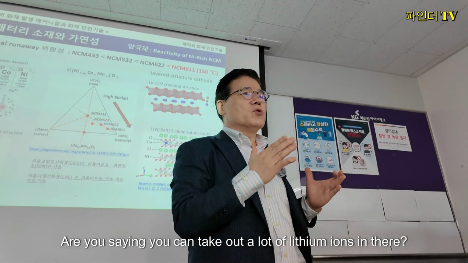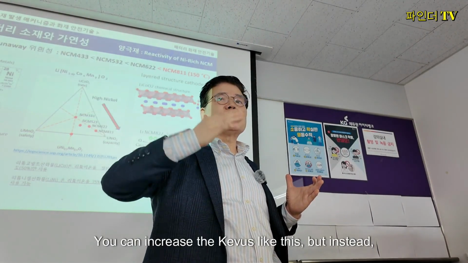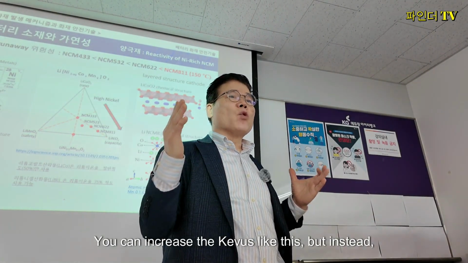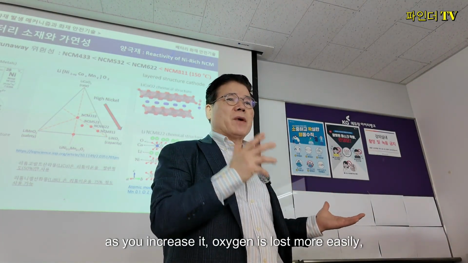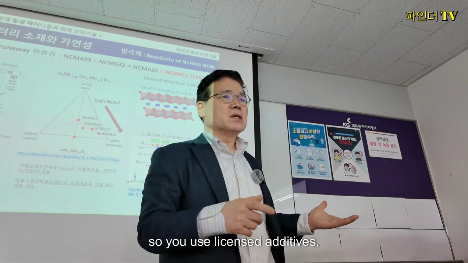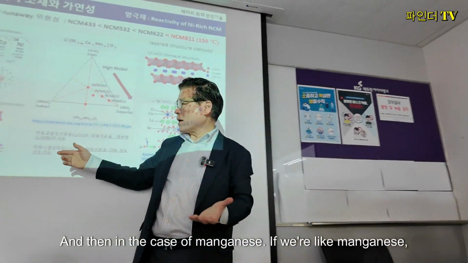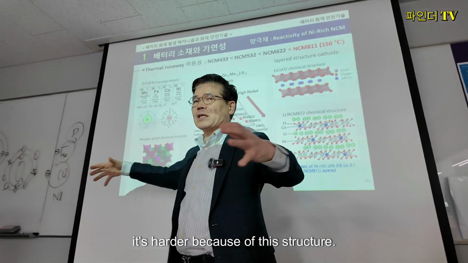Are you saying you can take out a lot of lithium ions in there? This means that you can increase the performance. You can increase the capacity like this, but as you increase it, oxygen is lost more easily, and it is vulnerable to fire, so it is not stable. So you use additives. And in the case of manganese, it's harder because of this structure.